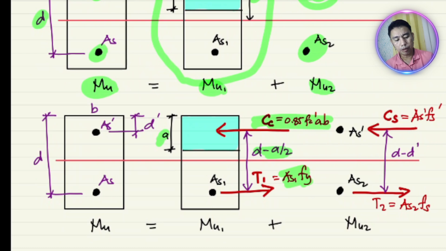While the second couple, so ito medyo simple ang formula. Ang compression steel is ganun lang siya, area times stress. So this the area of steel As prime times fs prime. Okay? And then sa baba, mayroon tayong As2 times fs.